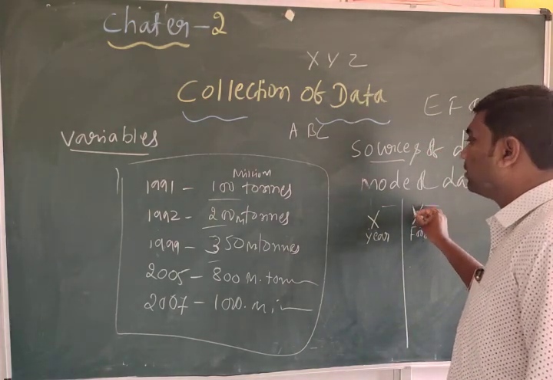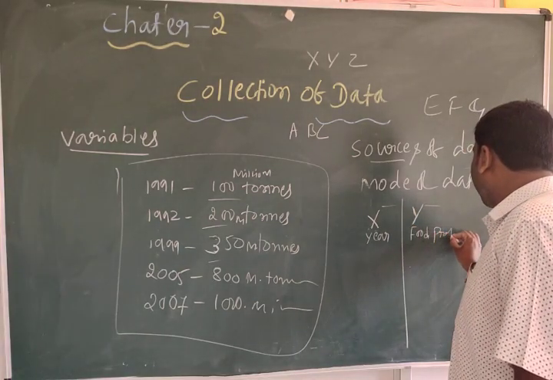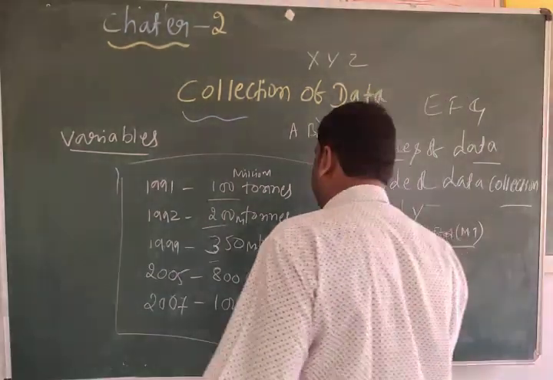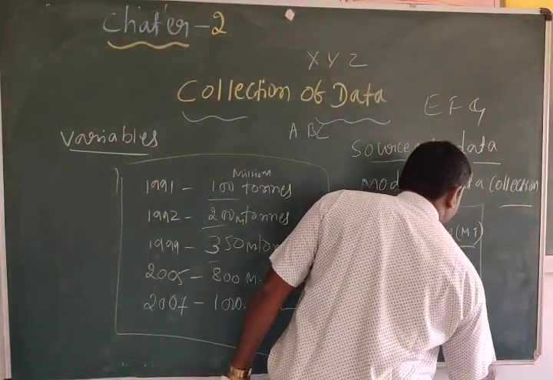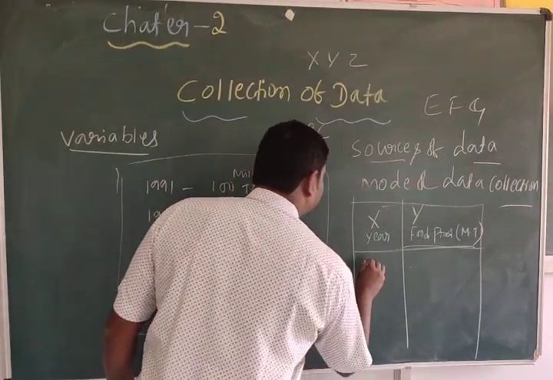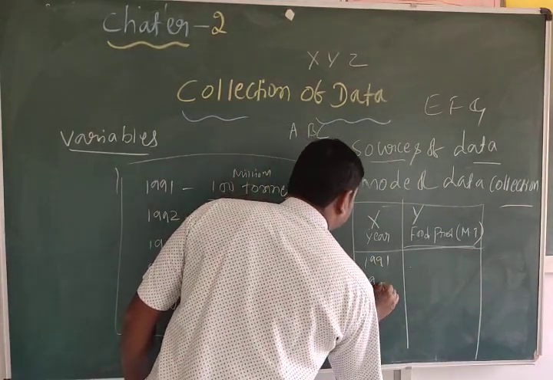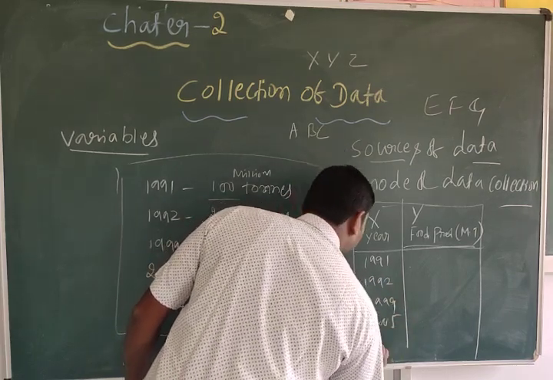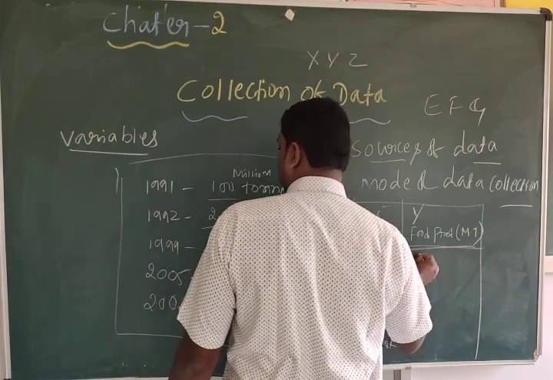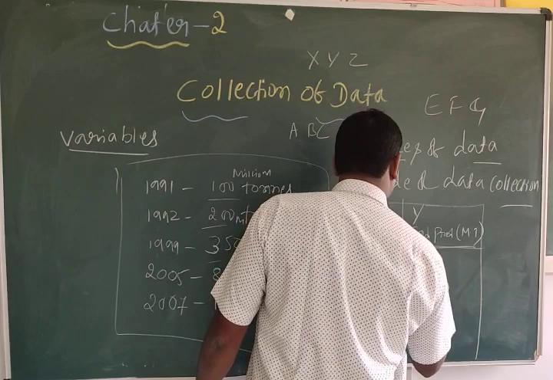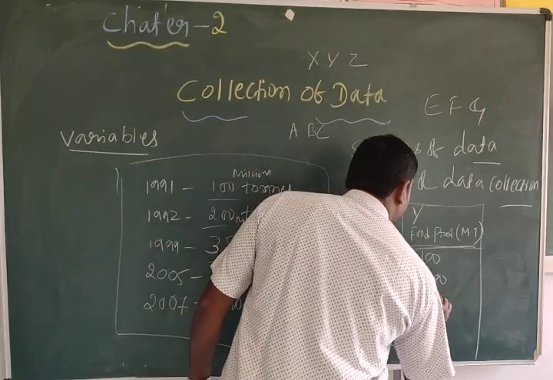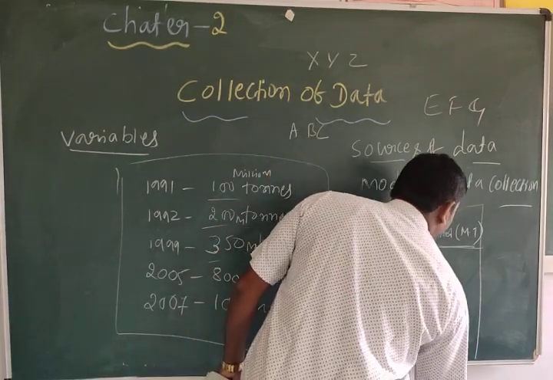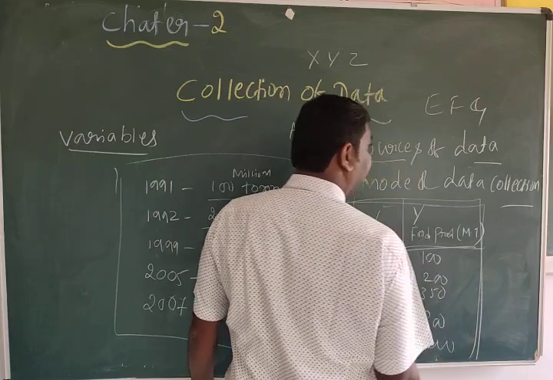Year 1991, 1992, 1999, 2005, 2007. Food production in million tons, that is 100, 200, 350, 800, then 1000. This is called variables.